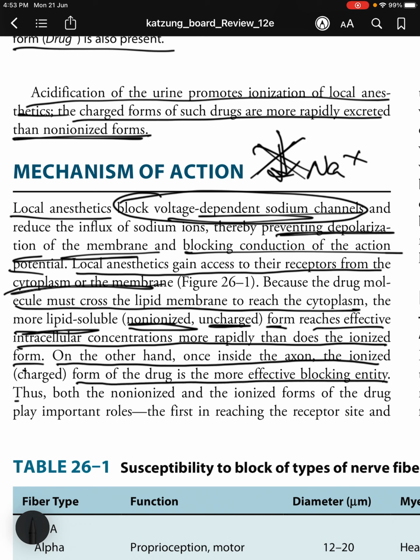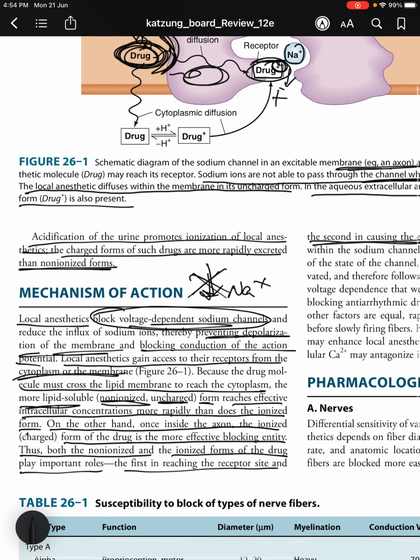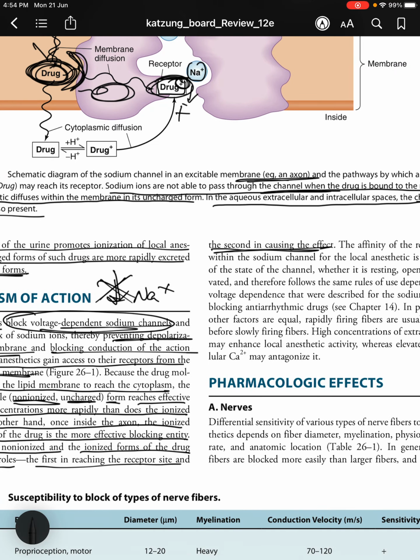Thus, both the non-ionized and the ionized forms of the drug play important roles. First in reaching the receptor site and the second in causing the effect. Okay. So, the non-ionized form reaches the receptor site, as you can see here. Alright. And then the ionized form carries out the blocking effect.